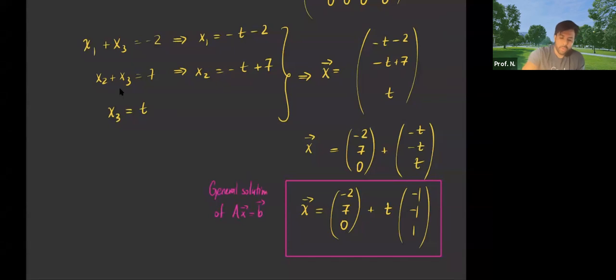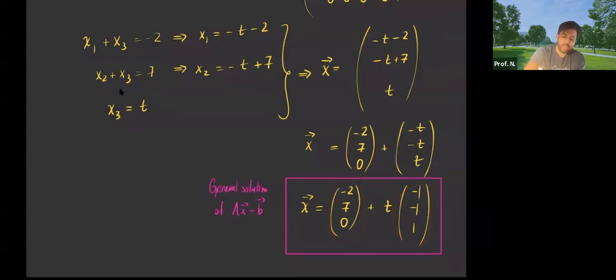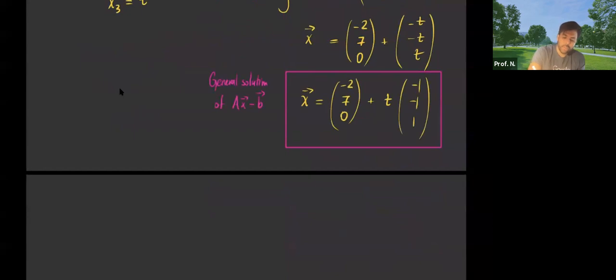Now, can you tell me more about these vectors? What is this vector? -2, 7, 0 is what? It's not the general solution, but the particular solution, which we usually call x naught, of the non-homogeneous system.